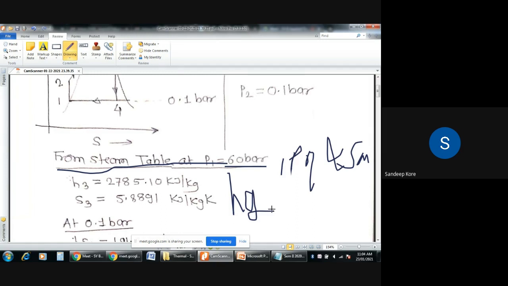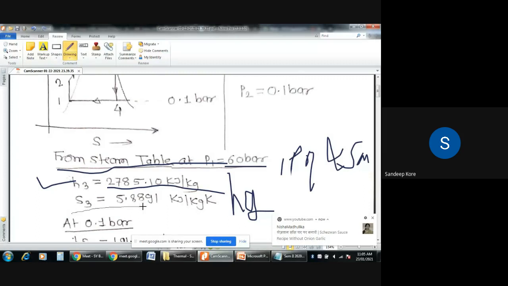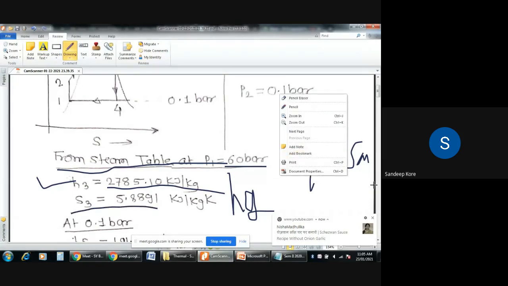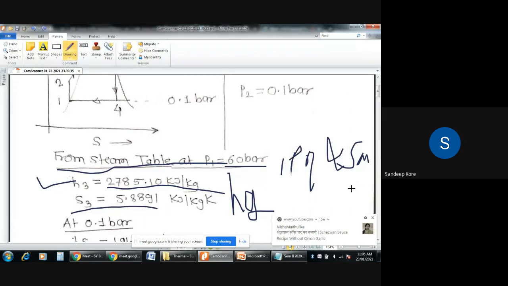So note down H3, that is Hg, equal to 2785 kilojoule per kg, and S3 equal to 5.8891 kilojoule per kg Kelvin. So this is the data at point number 3.